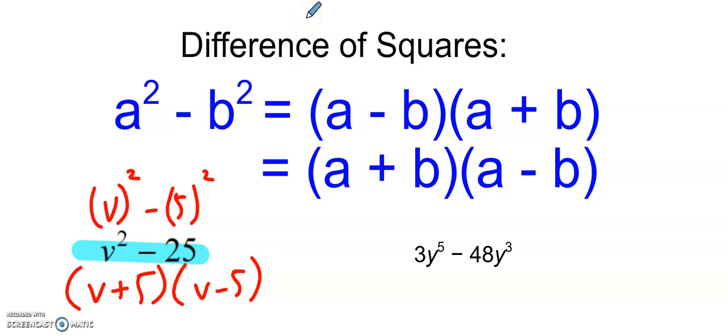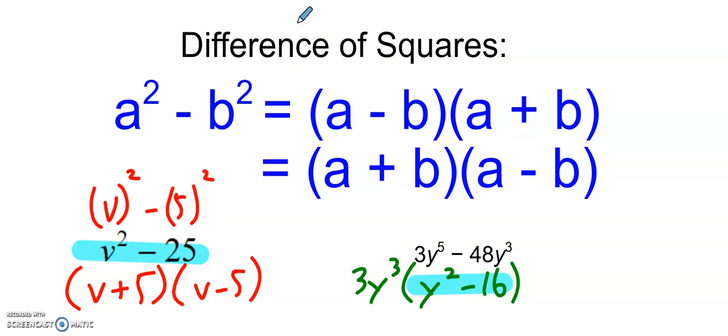So let's look at this. This was actually one of the examples we did on the greatest common factor video. So I'm going to go ahead and take out the GCF first. That's 3y to the third, and then I'm left with y squared minus 16. So now here I can recognize this is the difference of squares. I've got y squared, literally something squared, and then 16 is 4 squared.